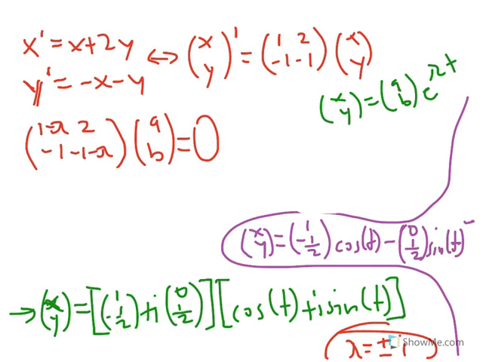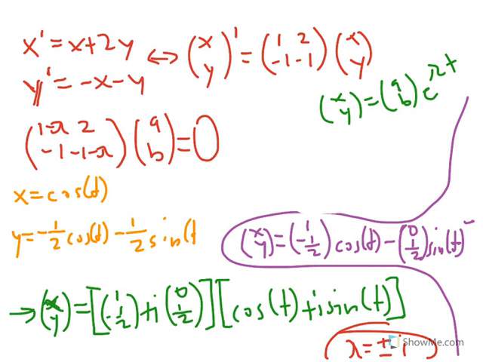Now, if we expand it out into normal form, we get x equals cosine of t and y equals negative 1/2 cosine of t minus 1/2 sine of t. Now this bottom expression is actually sinusoidal as well.